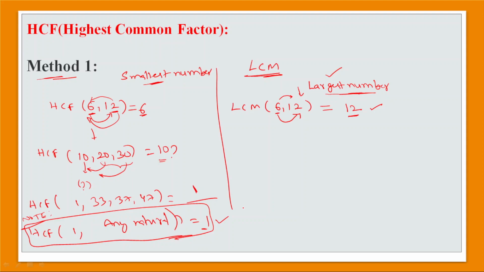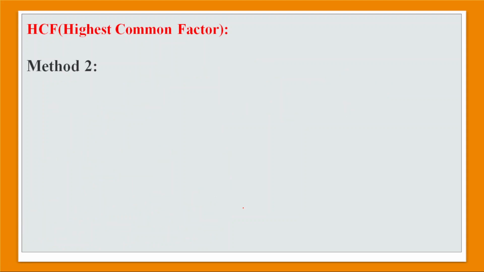Let us move to the second method here. Let us compare this by using the LCM concept. In the LCM concept, what we discussed is LCM of 6 comma 9. Let us go for the highest number. The largest number is 9, but the first number, 6, is not a factor of it.